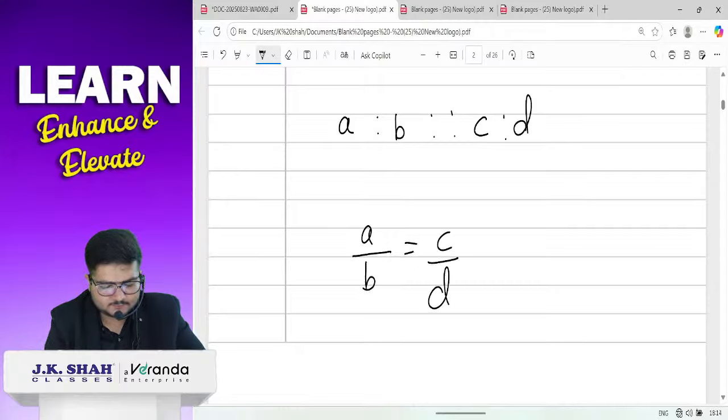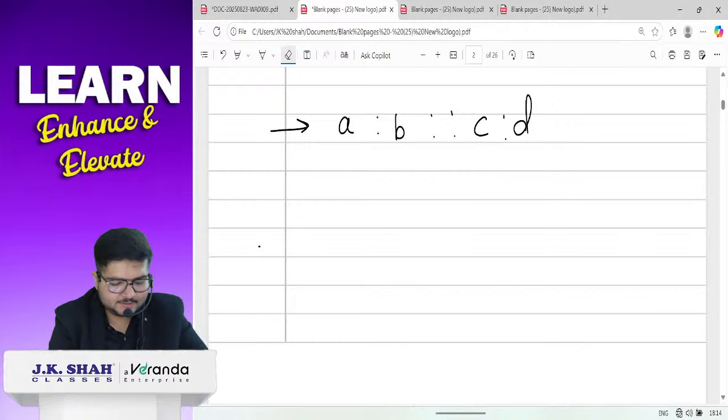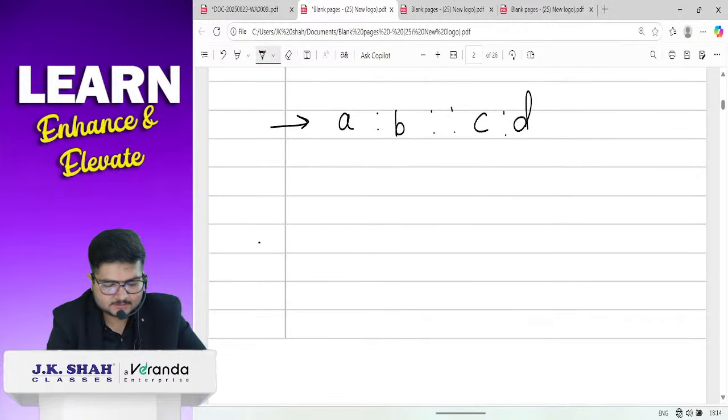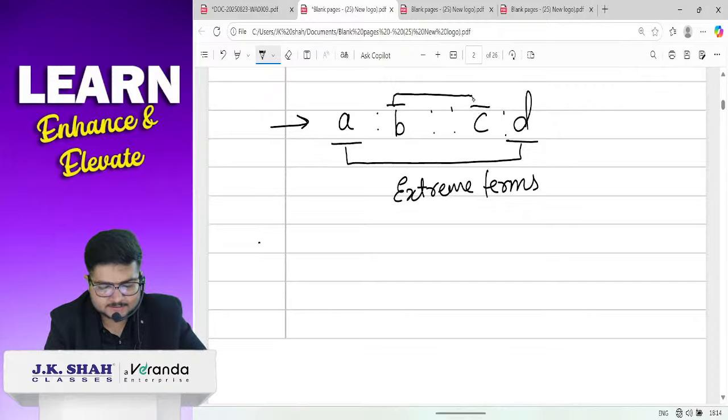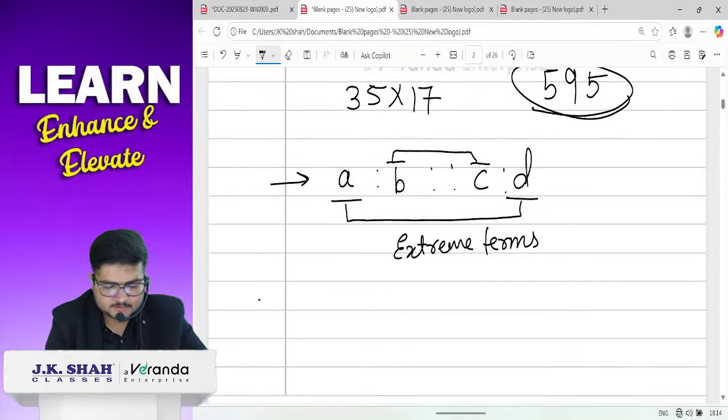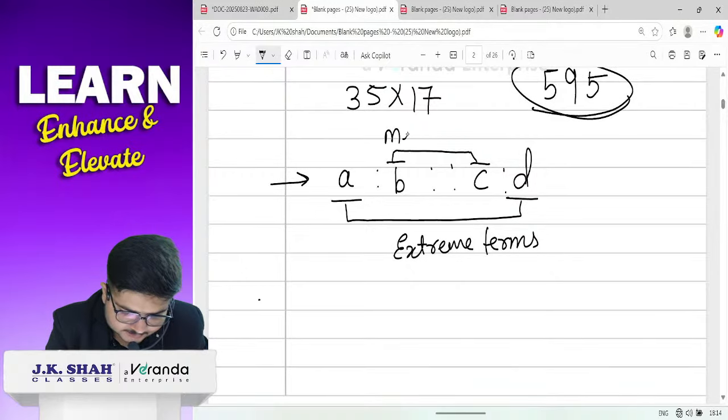Now first of all, we will see this part. There are names given to these variables. A and D both are called extreme terms, and B and C both are called mean terms.